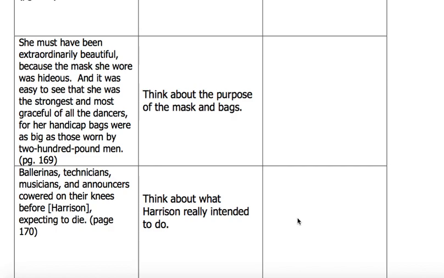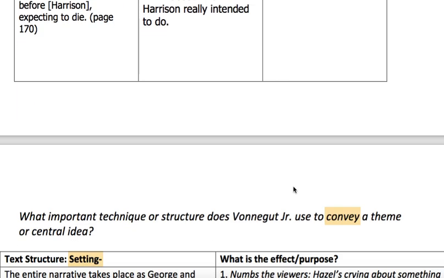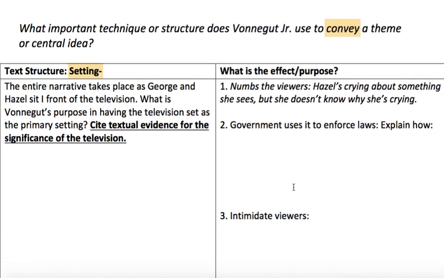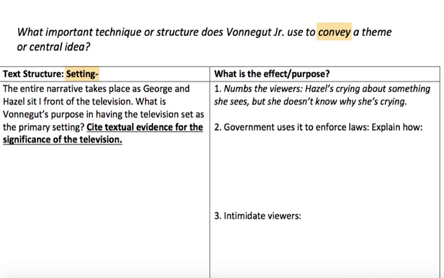So once you're done with that, the next part of your classwork is to complete the next page, which again talks about text structure. Try and make this a little smaller. Okay. So they're asking you to focus on the idea of setting. It says the entire narrative, the story, takes place as George and Hazel sit in front of the television.